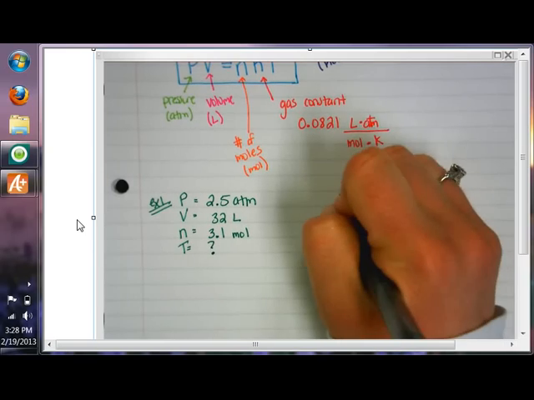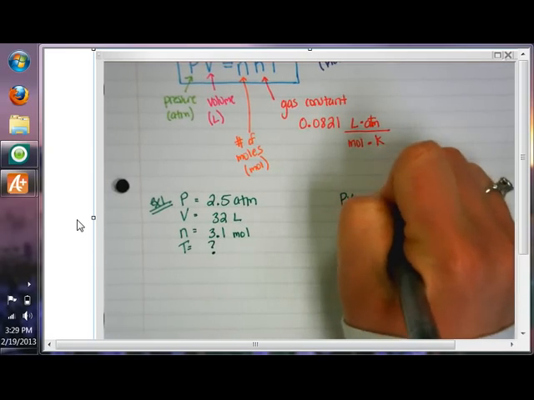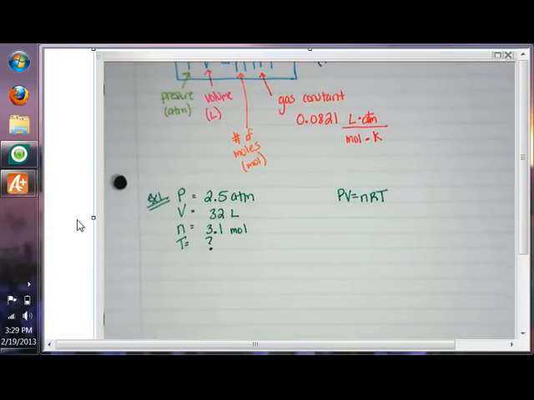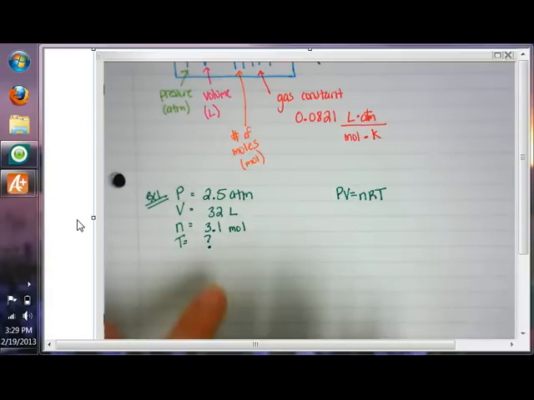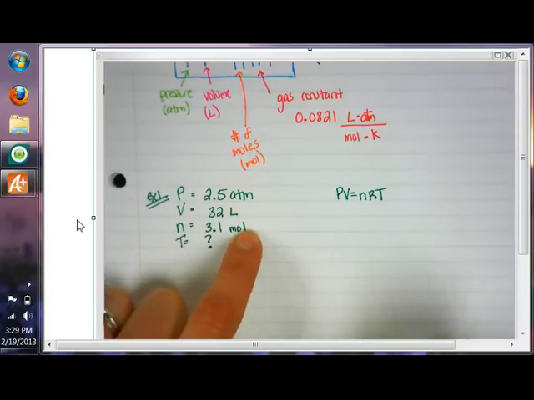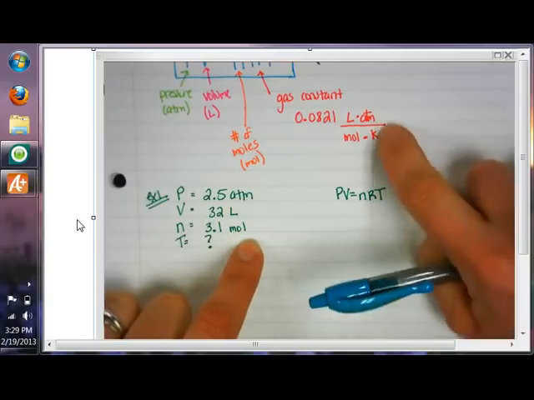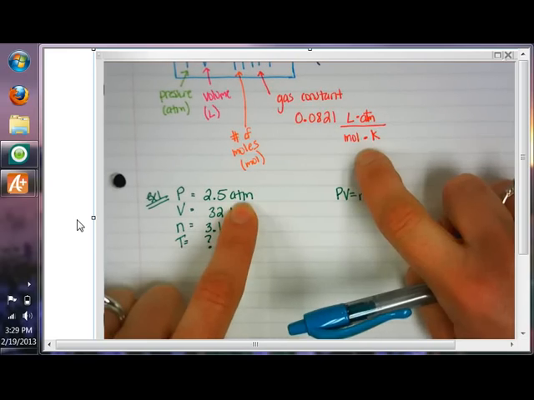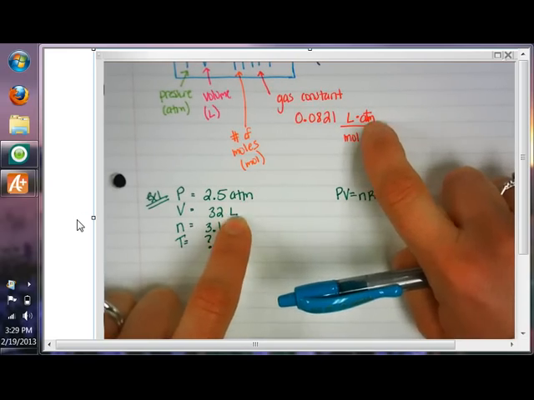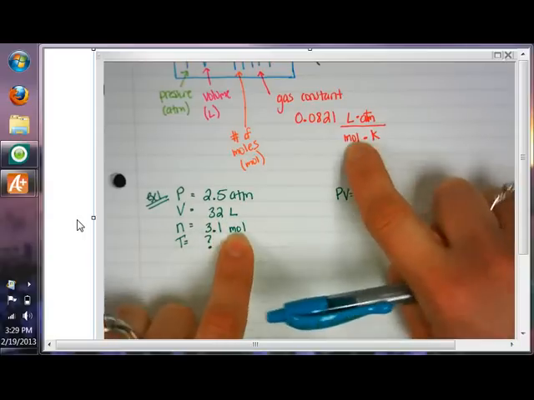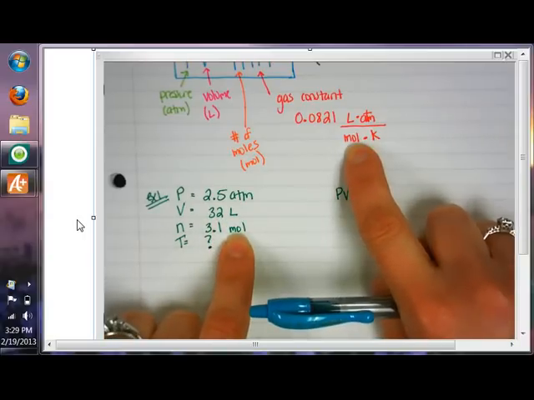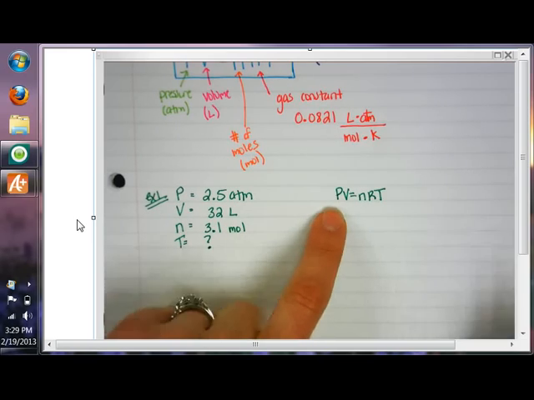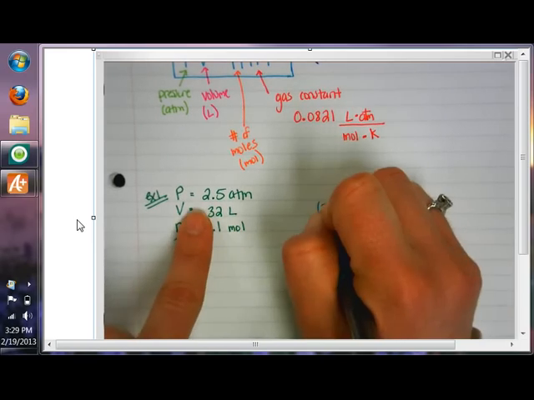So I've got my formula, which is PV equals nRT, PivNert. The first thing I'm going to do is double check that these units match up with the units on the gas constant. So ATM, ATM, liters, liters, moles, moles. So we're good to go. Now I'm just going to plug and chug. My P is 2.5.